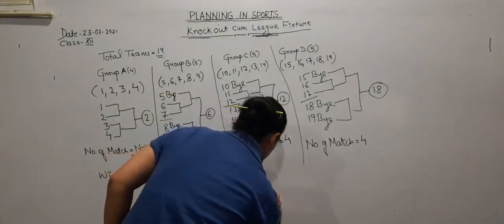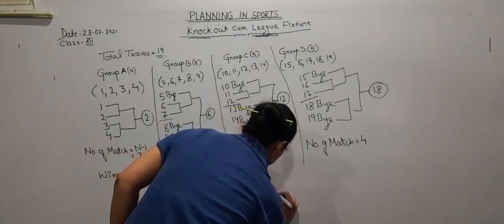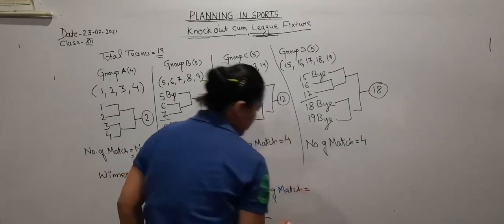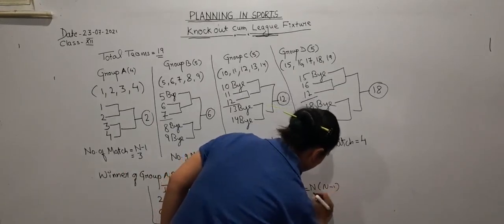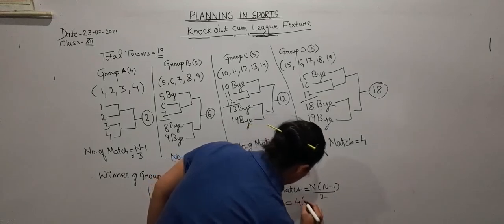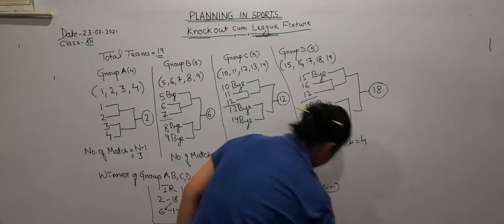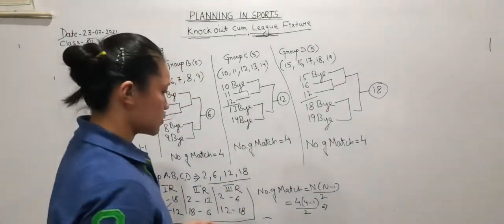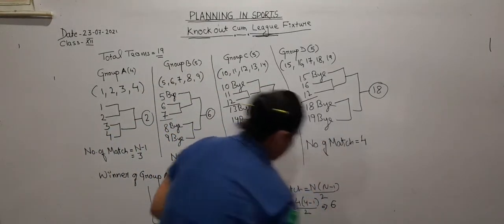Now the number of matches is n(n-1)/2. 4(4-1)/2 means 6.